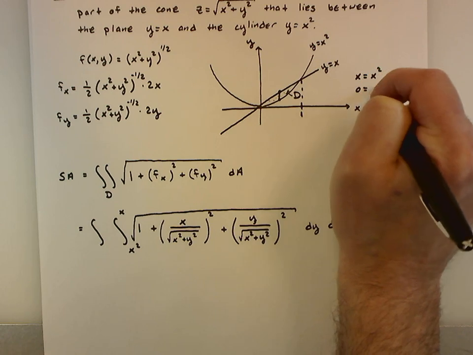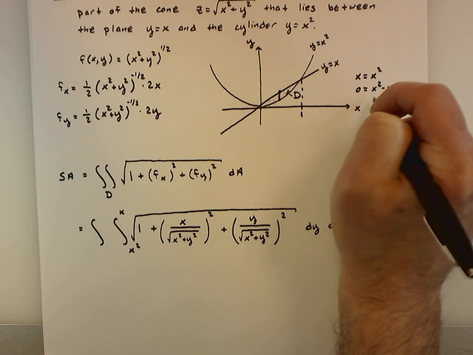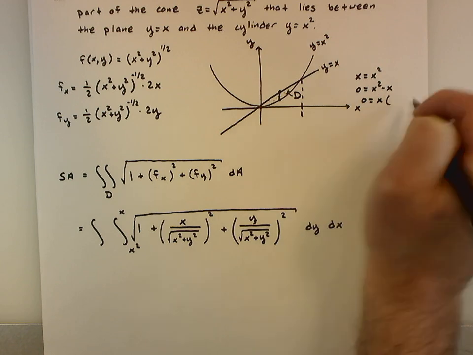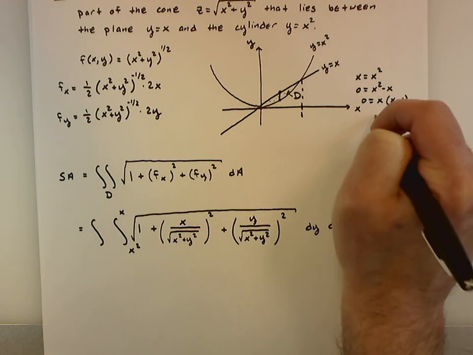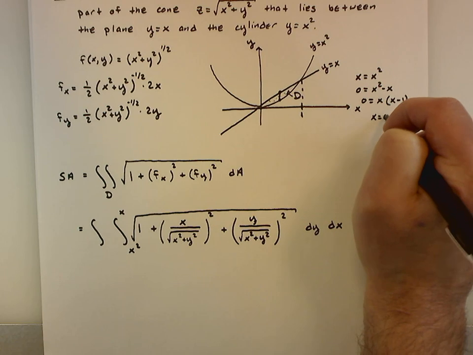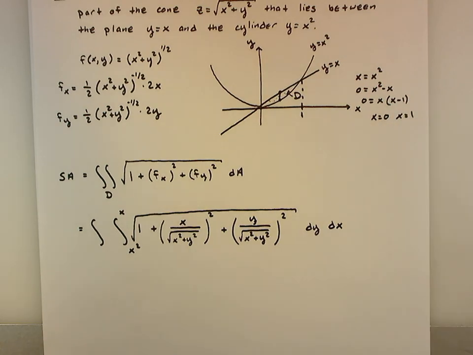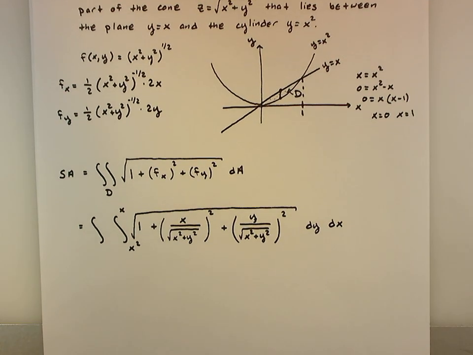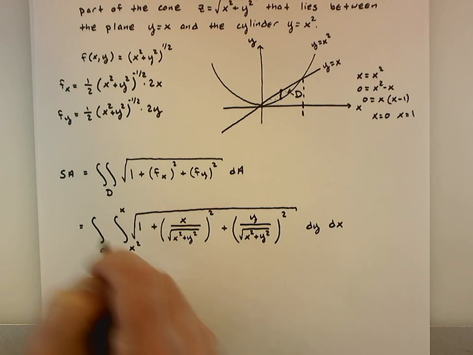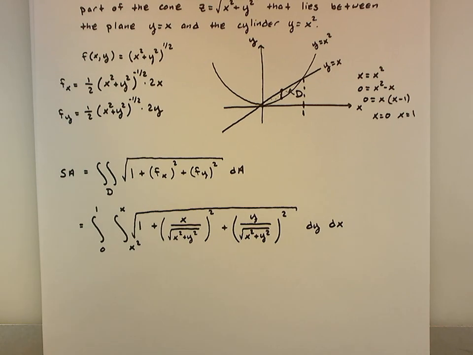So 0 is equal to x squared minus x. If I factor out an x, I'm left with x minus 1. So the 2 points of intersection of those two curves are x equals 0 and x equals 1. So x goes from 0 to 1.